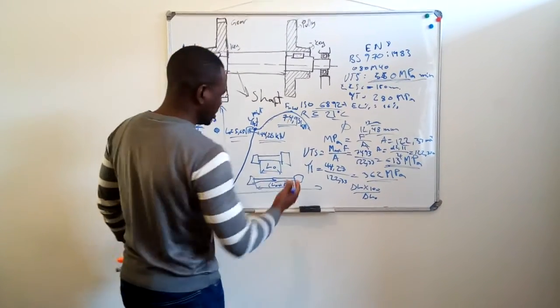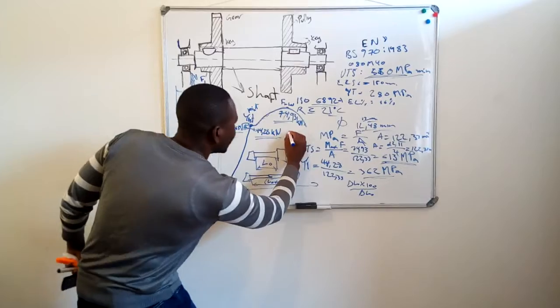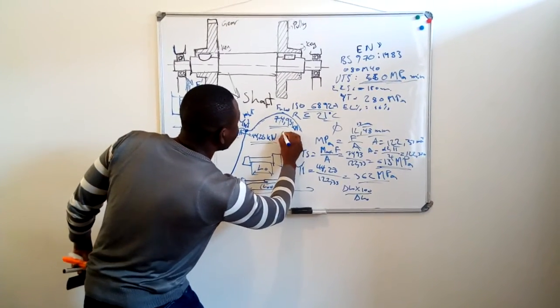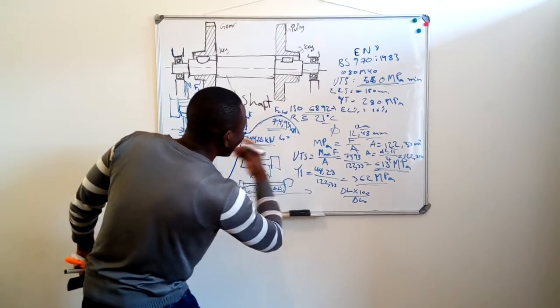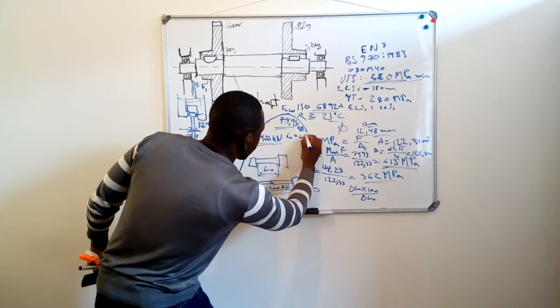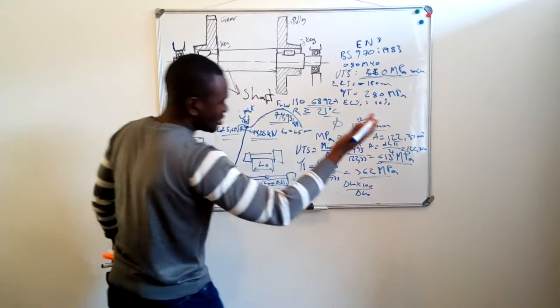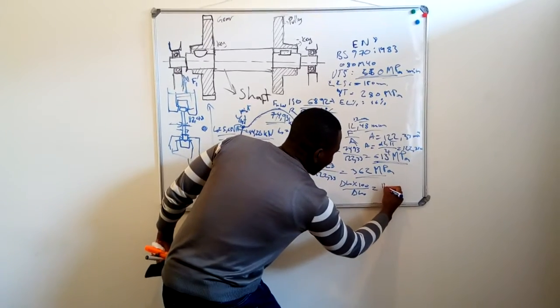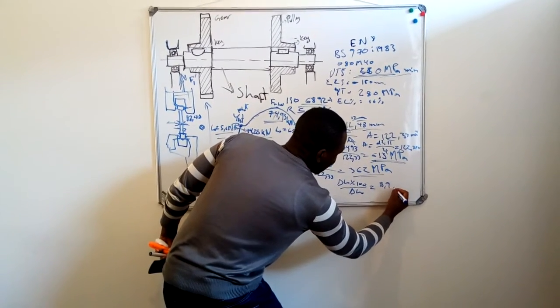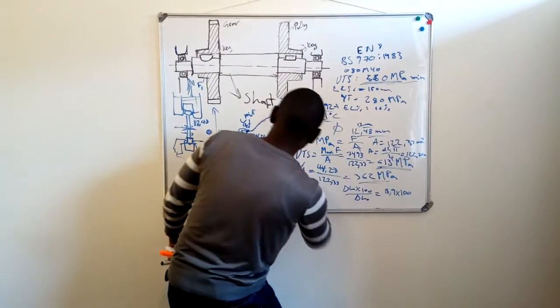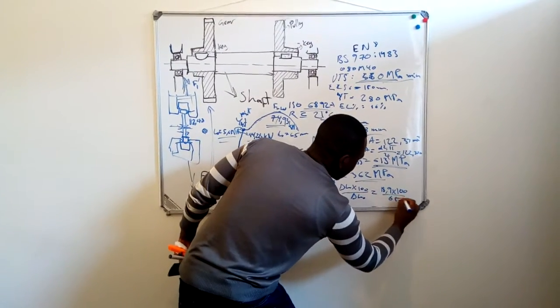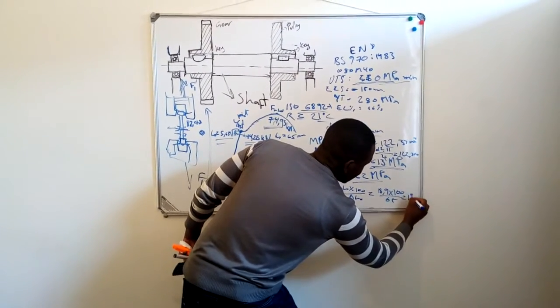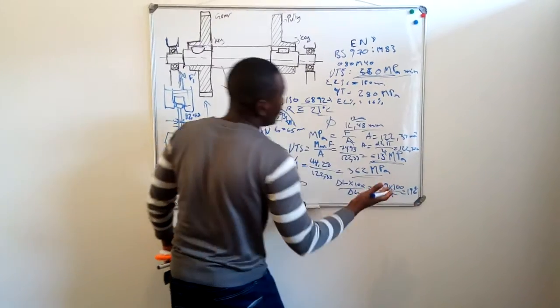This is supposed to be 65 millimeters. So let's say your differential elongation is 18.9 times 100 over 65. This gives me 19%.